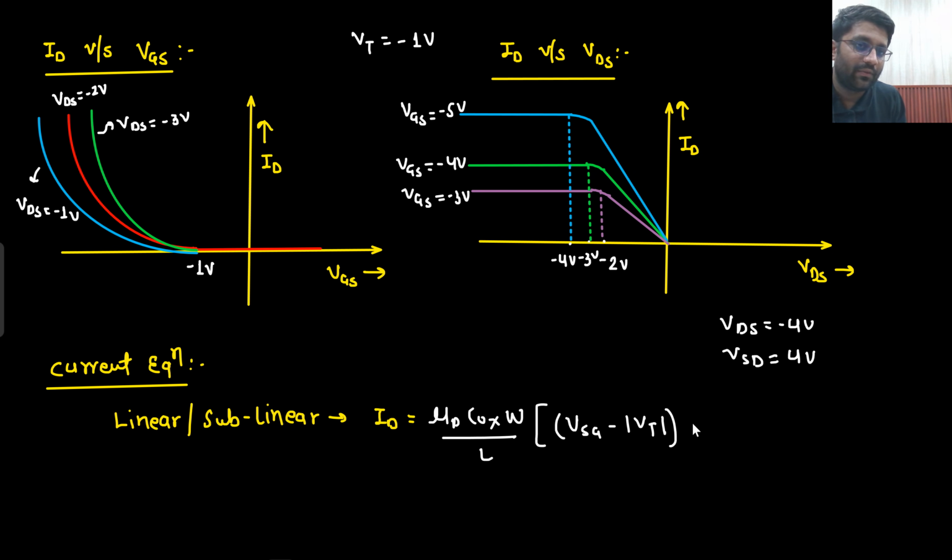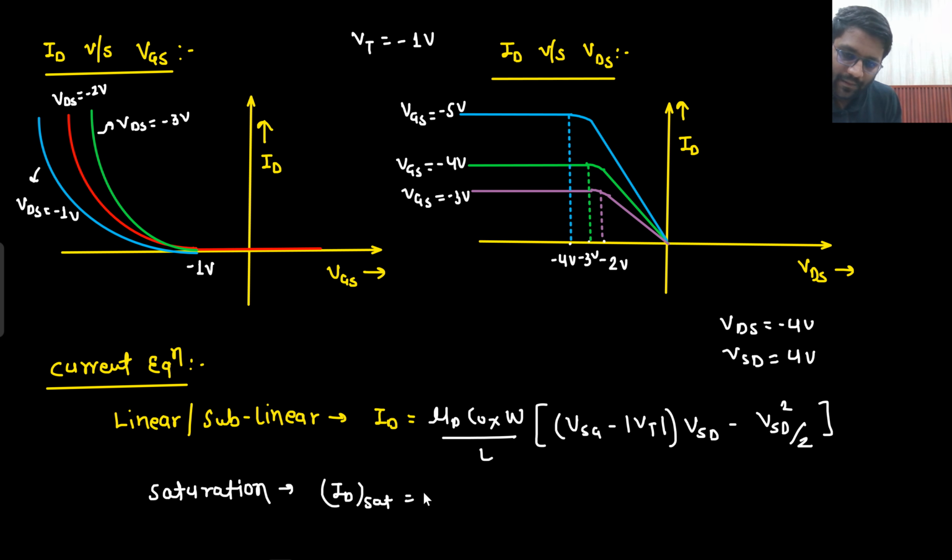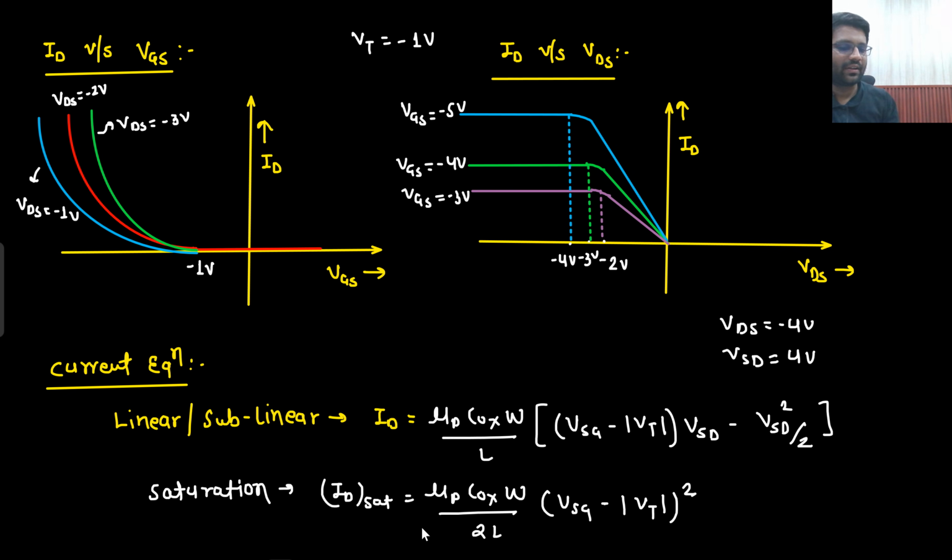Here we used to write VDS, but here we will write VSD. And for saturation region, the current would be ID equals mu p COX W by 2L, VSG minus mod of VT whole square. There you go. Both equations we have written.